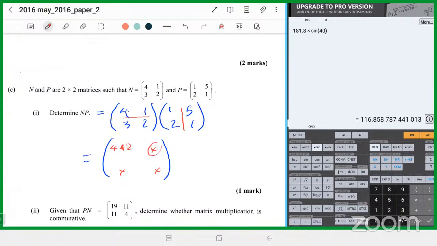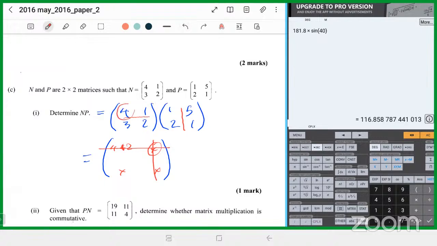Then this value over here is in the first row and the second column. So to get it, we're using this first row with this second column. How do we multiply the row by the column? First element times first element, second element times second element. 4 times 5, 1 times 1.